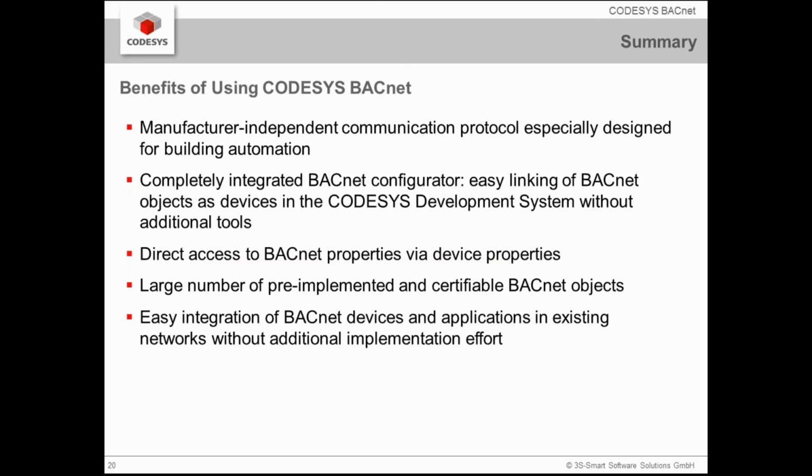Via device properties, you have really direct access to BACnet properties, and there are a large number of pre-implemented and certifiable BACnet objects already implemented within the product. Within the BACnet integration, a really easy integration of BACnet devices and applications in existing networks is possible without additional implementation effort.